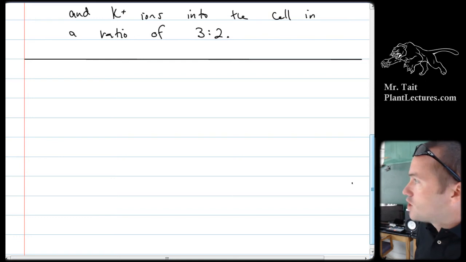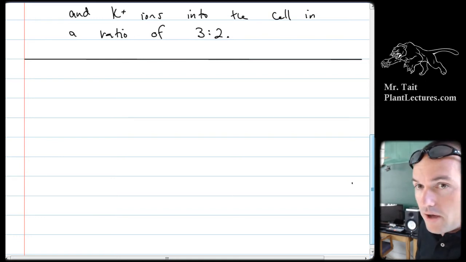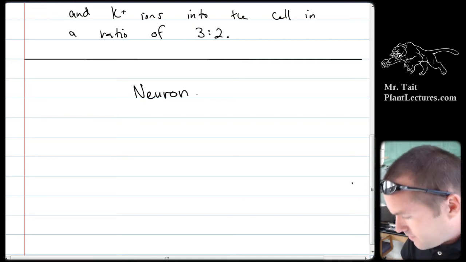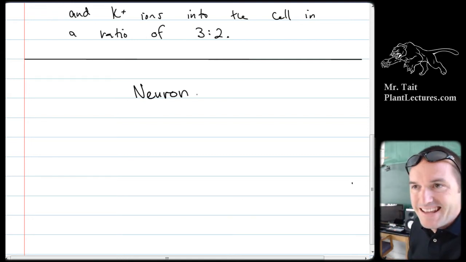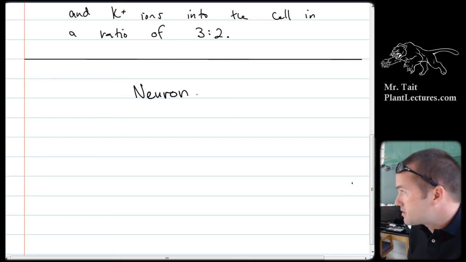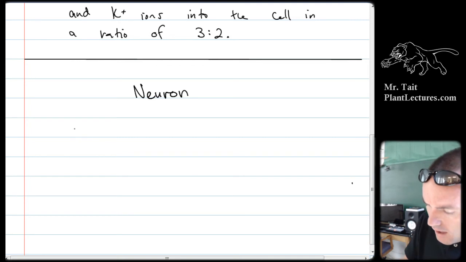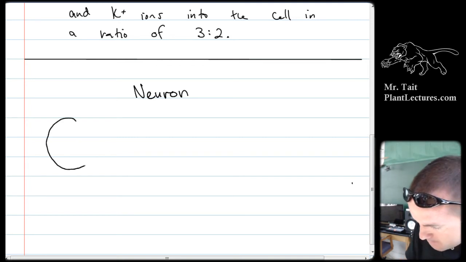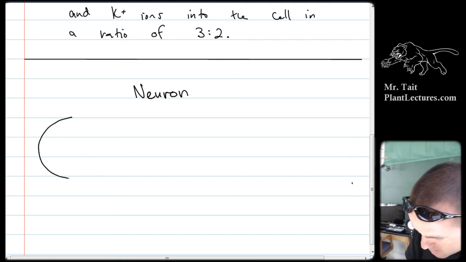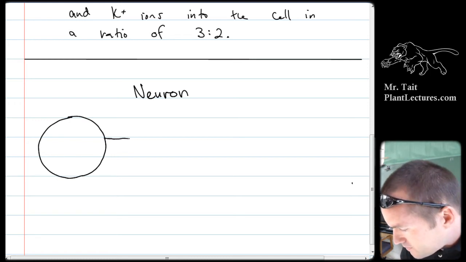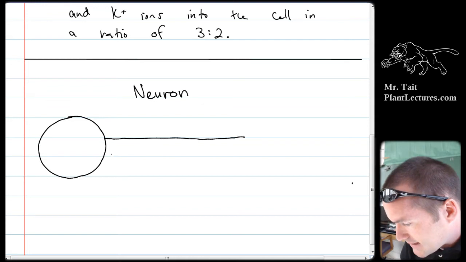All right. So we're going to look at a neuron. A neuron is the main cell of the nervous system. And you've probably seen one being drawn before. It looks something like this, where you've got a cell body that's sort of circular like this. Then you've got something that's called the axon.